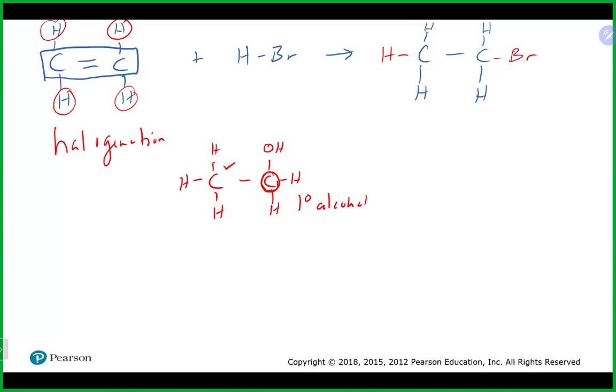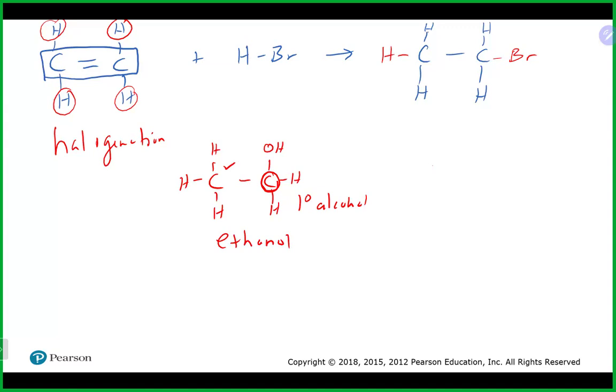By the way, the name of this one is, how many carbons are on this one? 2. So this is ethanol, OL. You do not need the location because, frankly, it can only be in one spot. It's always going to be carbon number 1 in this case. So with 3 or more carbons, you have to give the number of the location.